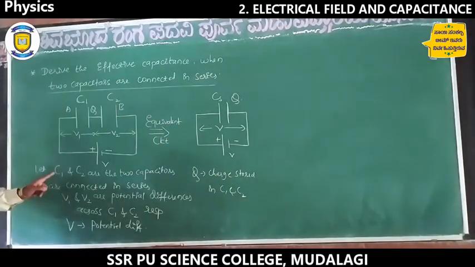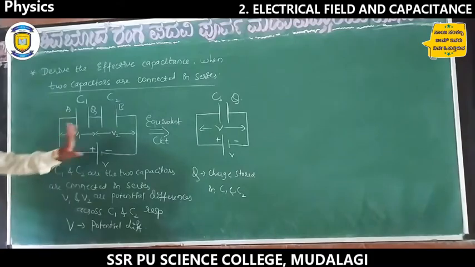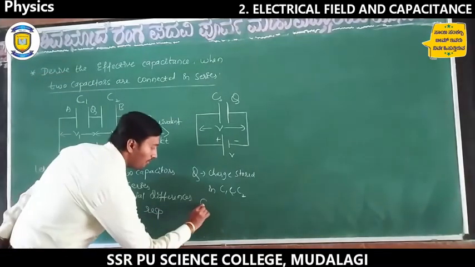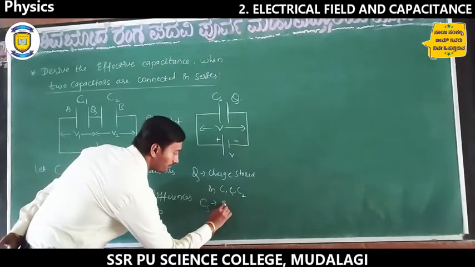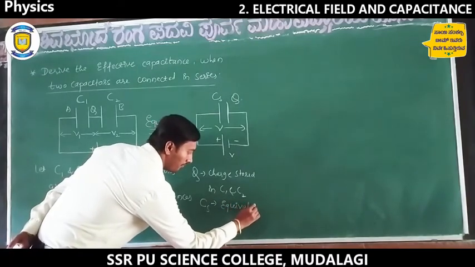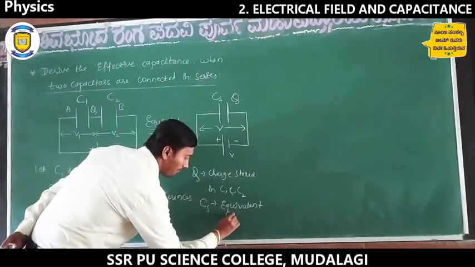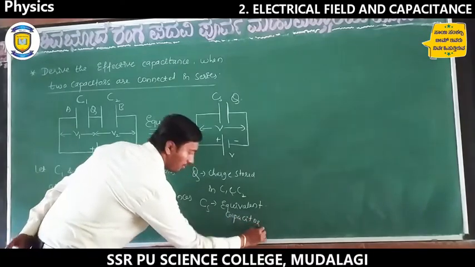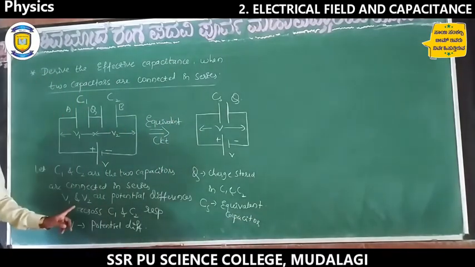So this is the explanation of these two diagrams. CS is the equivalent capacitor.